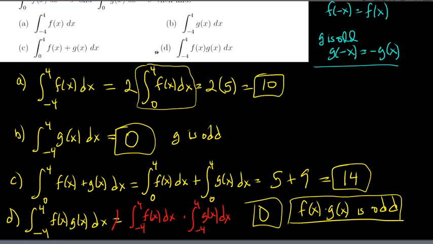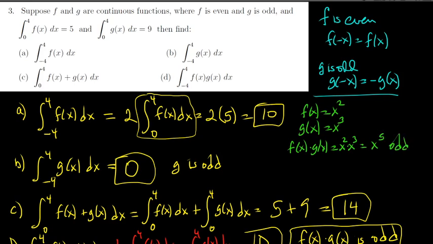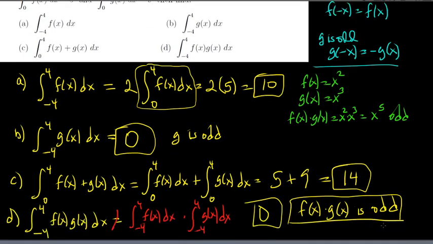Just think of a typical even function. X squared is an even function. Think of an odd function, x cubed. So what happens when you multiply f times g? You get x squared times x cubed, which is x to the fifth. Well, 5 is odd, so this is an odd function. That doesn't prove it, but that's a pretty good reason why you would expect this to be an odd function. So it's really the same reason as in part B.